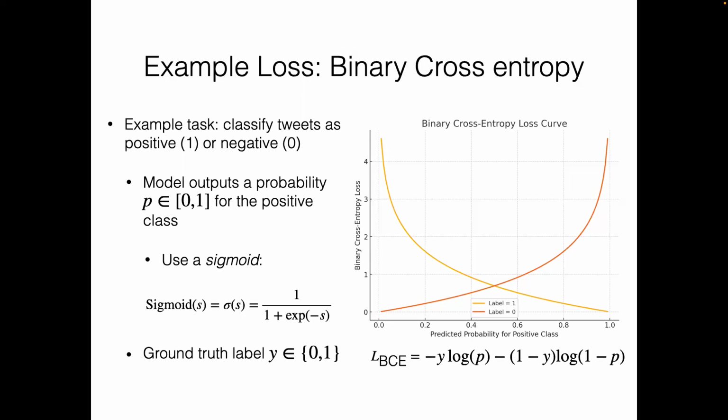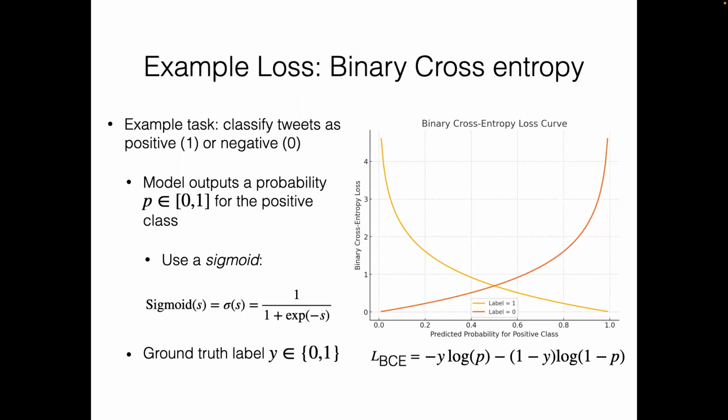So it's basically saying that the loss is minus the log probability. And so what that's saying is if we want to minimize it, then we want to push the probability up, so towards 1.